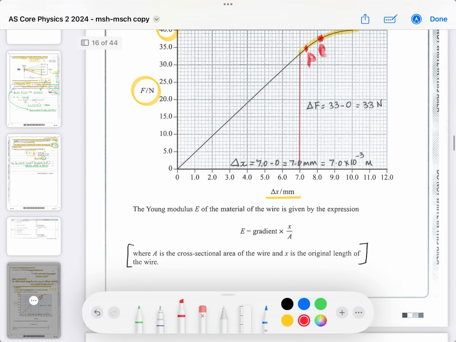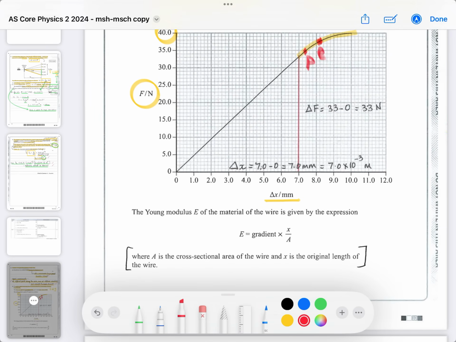It says the Young's modulus of the material is given by the gradient of this line, which will be force over extension.